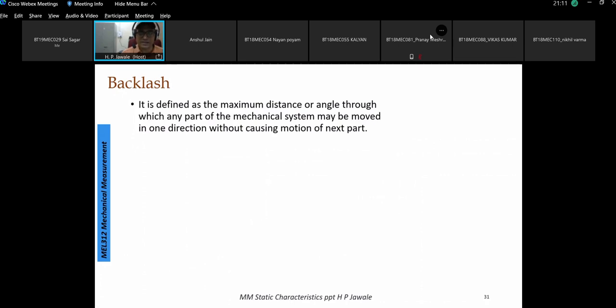Let us understand what is backlash. I think I have very roughly told. Say for example, this is a gear profile, and in the gear profile there is some mismatch. This is another gear, and because of this you can see the profile. There is a difference on the pitch circle diameter or the mean diameter.